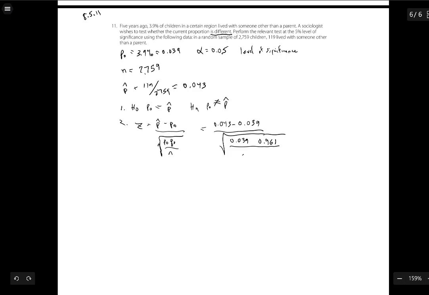So this equals 0.004 divided by the square root of 0.0000135, which equals 0.004 over 0.00367, equaling 1.09.